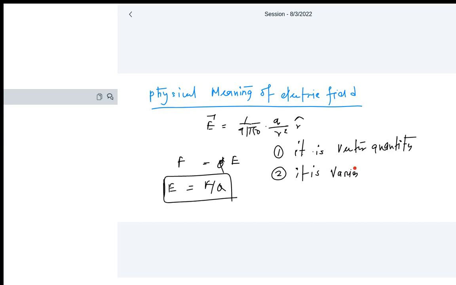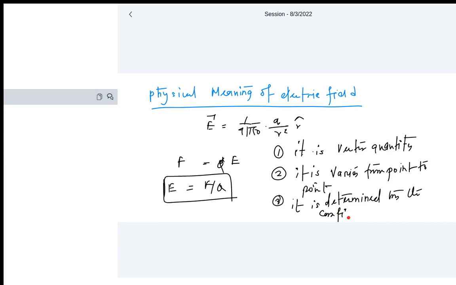Third, electric field is determined by the configuration of source charge. It is very important.